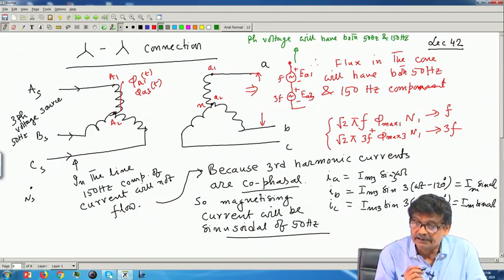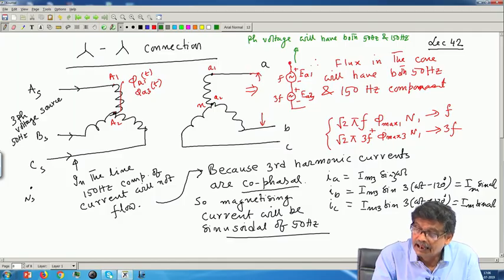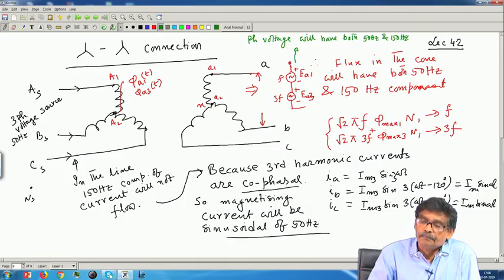Now, what I am asking is what will happen to line voltages?